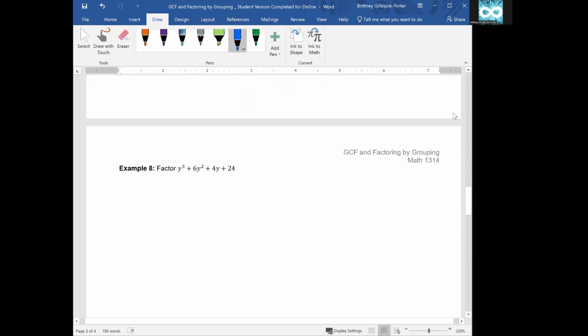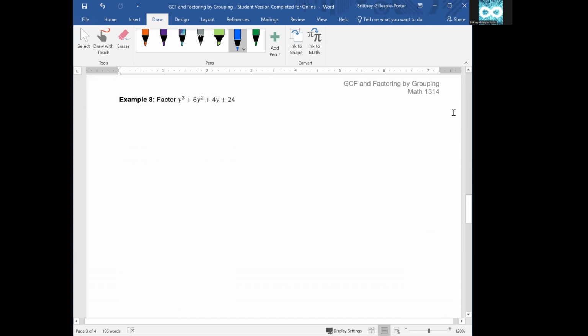All right, so example where we need to factor, again, not just find the GCF, we need to factor y cubed plus 6y squared plus 4y plus 24. We need to divide it into 2 groups of 2.